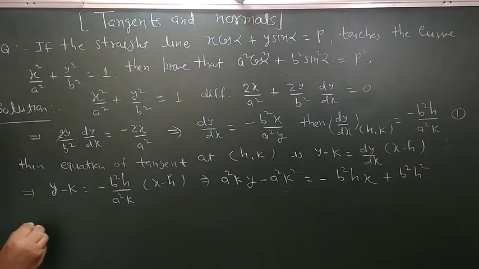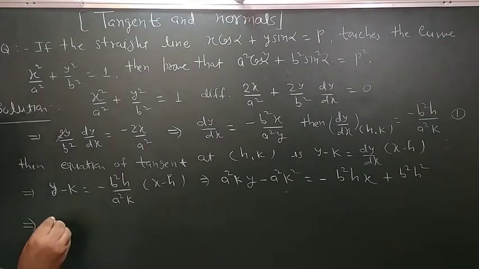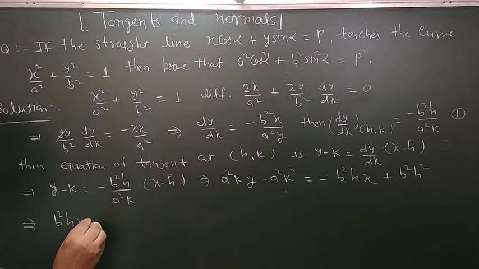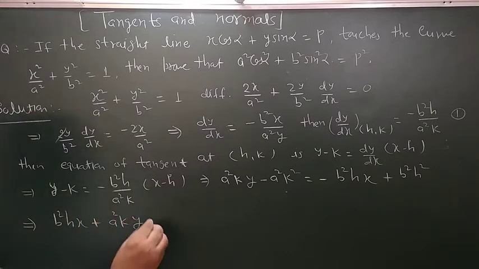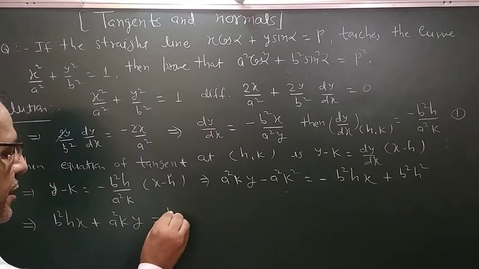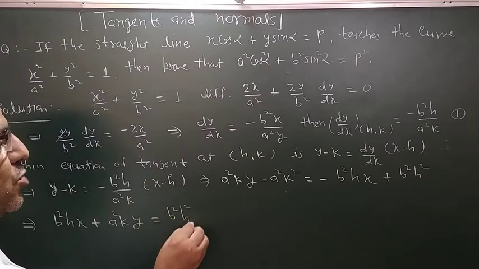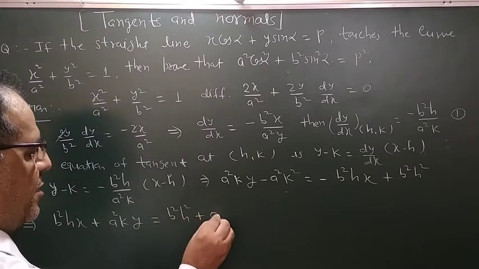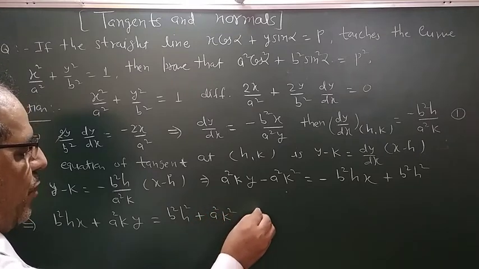Arrange this equation. So now we have b square h x plus a square k y equal to b square h square plus a square k square.